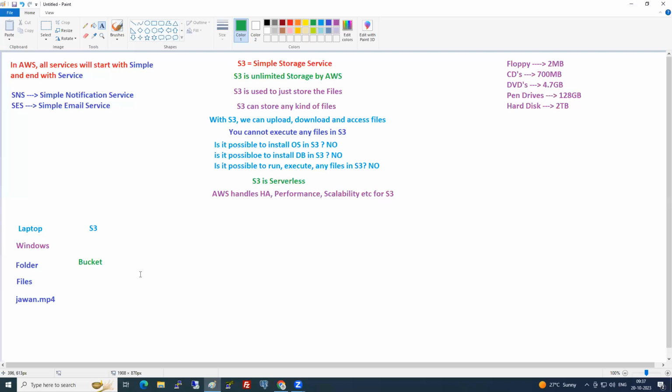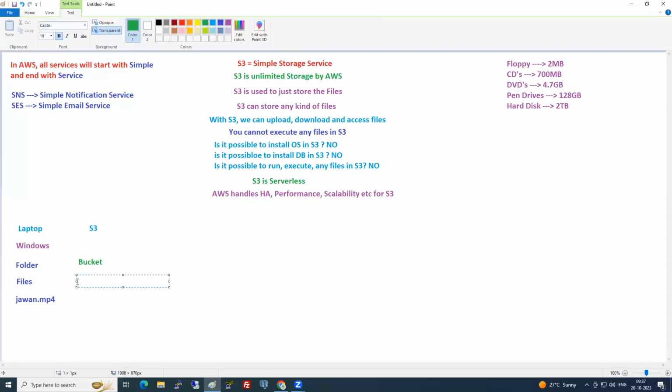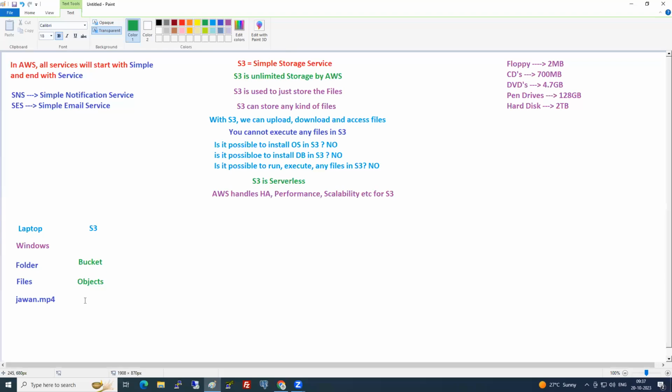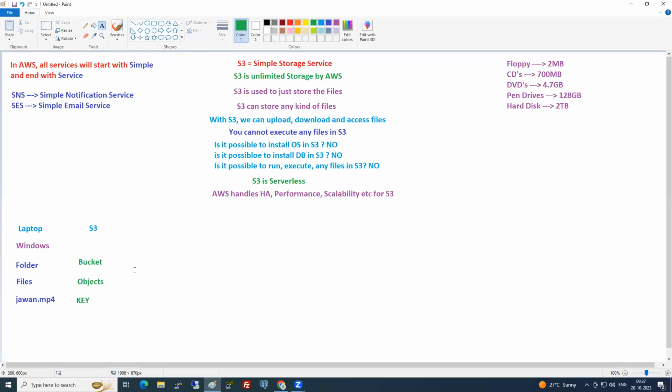What does the bucket contain? Files, but you should not call them files. You should call them objects. Objects are nothing but files. And the name of the file we call the key. So what do we create in S3? Buckets. What does the bucket contain? Objects.